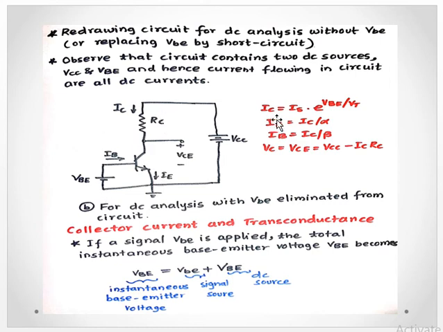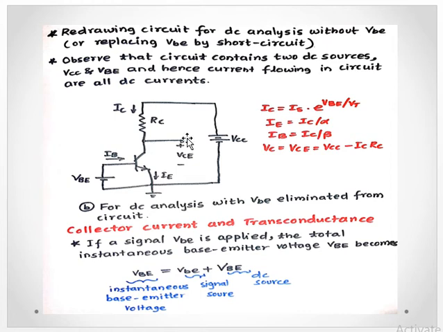We know these basic relations. Collector current in terms of VBE is given as IC equal to IS times e raised to VBE by VT. IE is given in terms of collector current by IC by alpha. IB can be given in terms of IC as IB equals IC by beta.